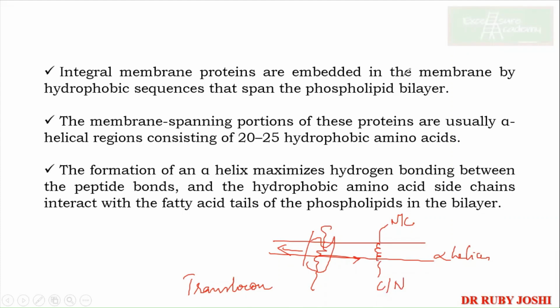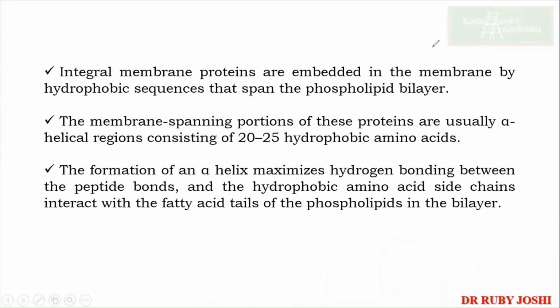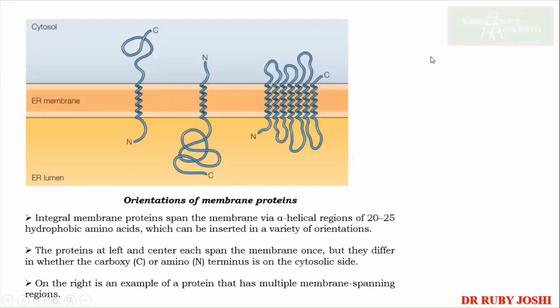In this lecture, the figure is also there for better understanding. These are the orientations by which the proteins get inserted into the membrane. Either you can have the N terminal in the lumen and the C terminal in the cytoplasm, or the opposite, N here, C here. You can also see that there are transmembrane proteins.